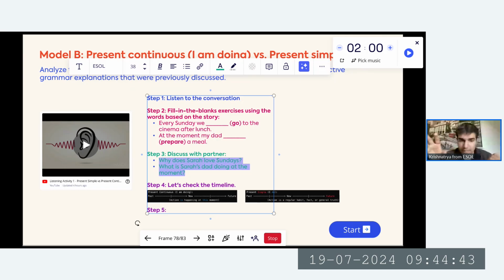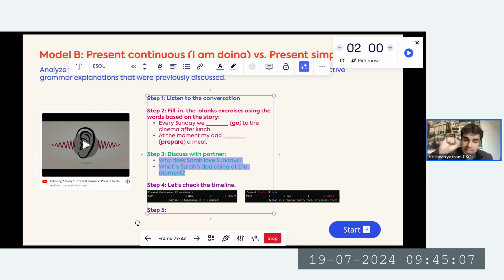Activating their listening skills. Number 3, I asked them to listen carefully and focus on the meaning and the form. They had to fill in the blank spaces. Step number 3. Step number 4, I want to check if they understand the meaning again. So they will ask and answer these questions with their partners, and they will share the answers with me.